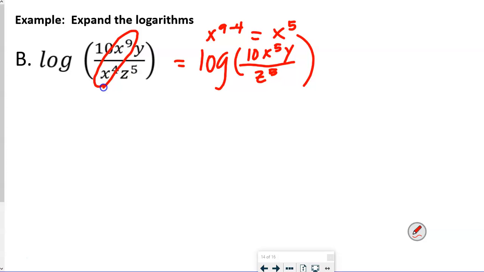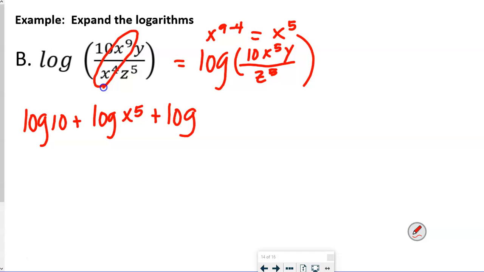Then we're going to step through this. We have the log of 10 plus the log of x to the 5th plus, and these are all plus because they're in the numerator, the log of y. Anything that's in the denominator we're going to subtract. So this is minus log of z to the 5th. Once again, remember, if we have an exponent, we move it to the front.